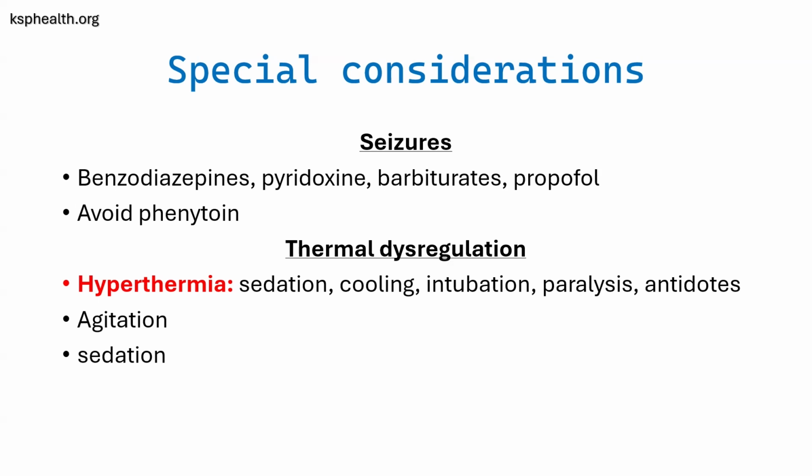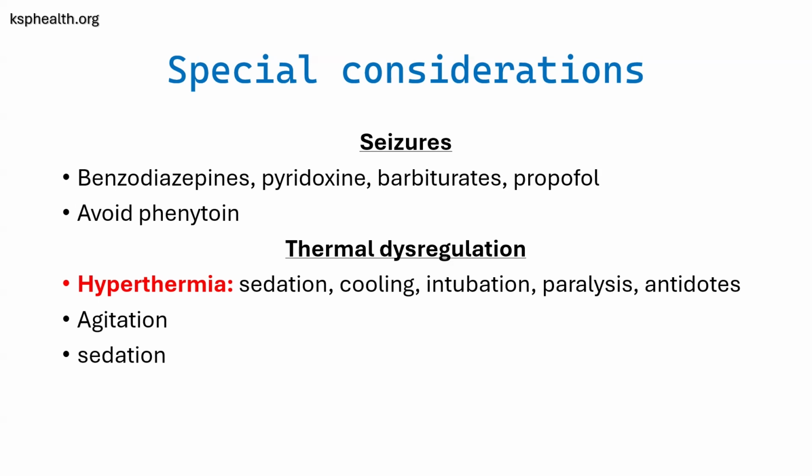But in toxicology, phenytoin needs to be withheld. Sometimes it can potentiate seizures, and most of the time it is not that effective. So benzodiazepines, barbiturates, and propofol are the go-to when you are treating seizures in toxicologic emergencies.